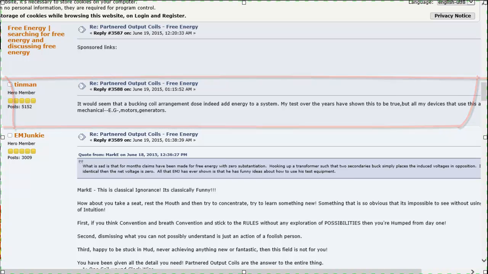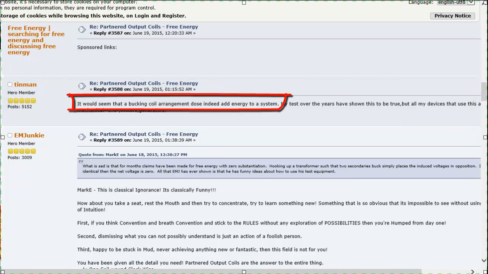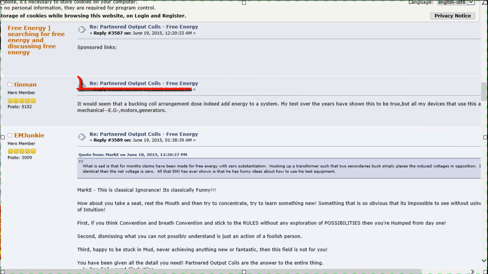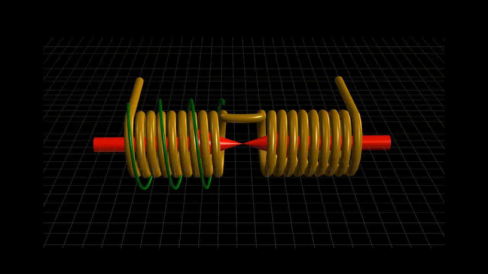He stumbled across exactly what I was sharing at the time, and he managed to get his coils into magnetic resonance. Magnetic resonance, again, is inductive capacity between each coil. There is an inductive capacity between the two coils, and there is a resonance point where it's found.